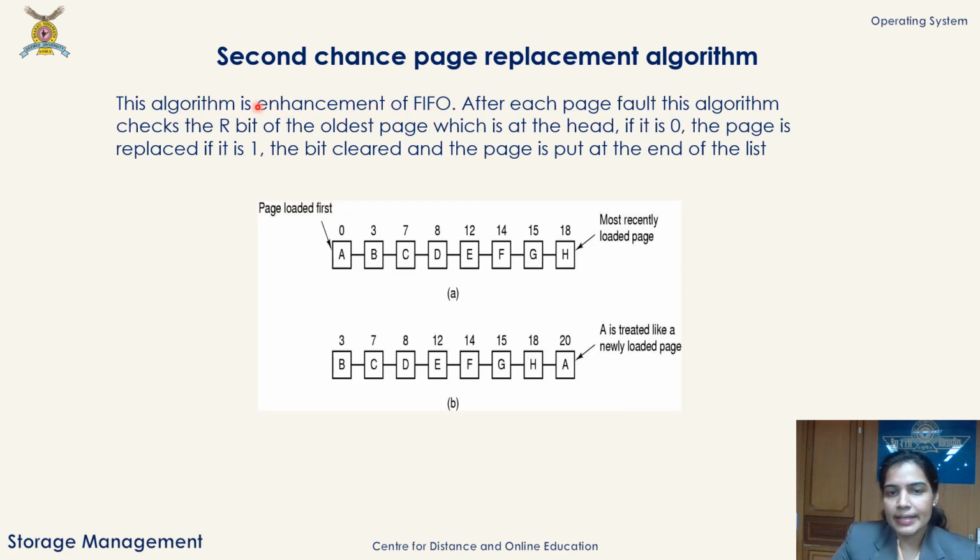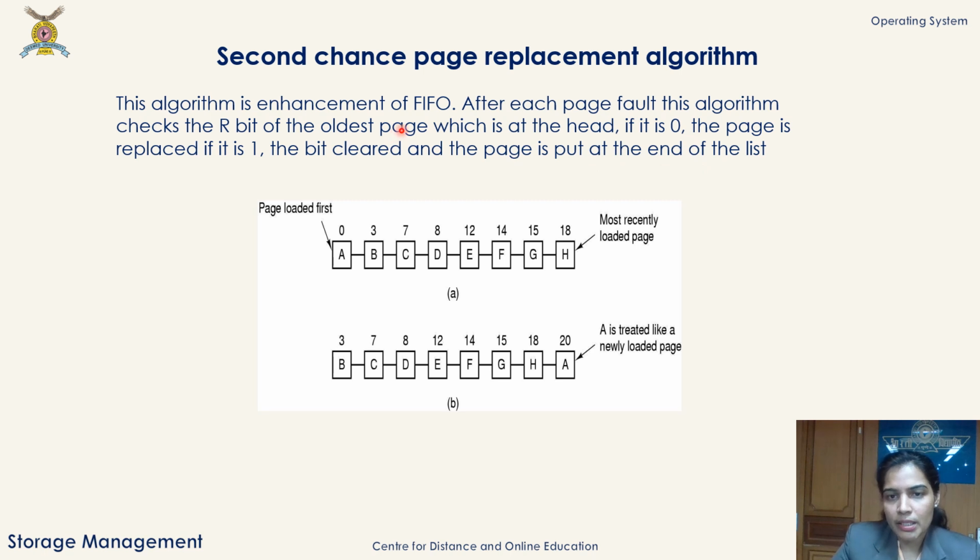The next is the second chance page replacement algorithm. It's an enhancement of the FIFO algorithm. Here a second chance is given to a page which was referenced in the past instead of throwing it out of the memory. In this algorithm, after each page fault, the algorithm checks the R bit of the oldest page, which is at the head. If that R bit is 0, the page is replaced, and if that bit is set to 1, the bit is cleared and the page is put at the end of the list.